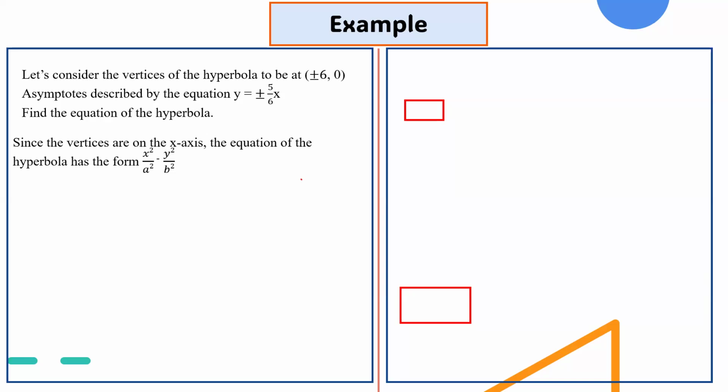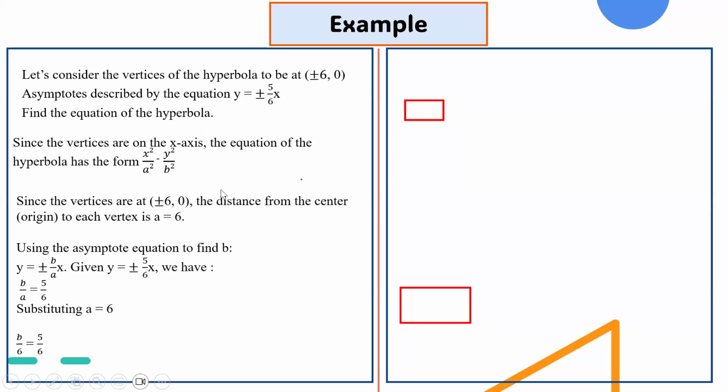Let's consider the vertices of the hyperbola at plus or minus 6, 0. The asymptotes described by the equation is y equal to plus or minus 5 over 6 x. Find the equation of the hyperbola.